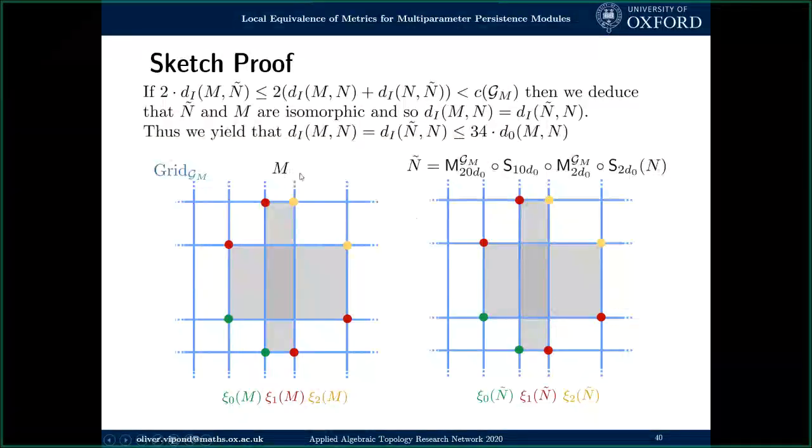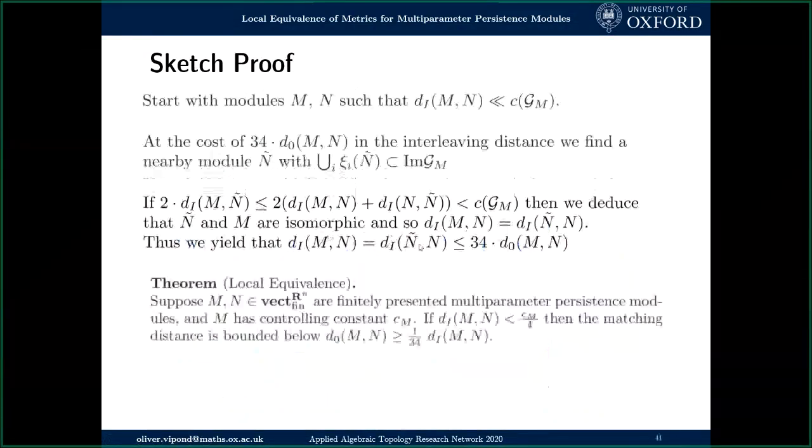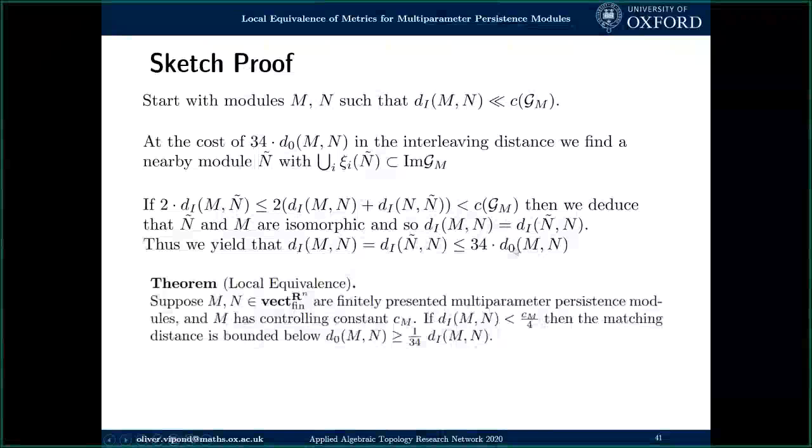And so if we know that M and M tilde have a small interleaving distance, we can invert these interleaving morphisms and deduce that M tilde and M are isomorphic. What we have done is moved M by some constant multiple of the matching distance and hit a module which is isomorphic to M. Using this, we deduce that the matching distance and interleaving distance must have this extra relationship when we're looking in a local neighborhood.